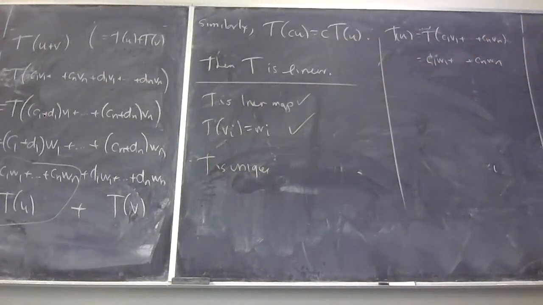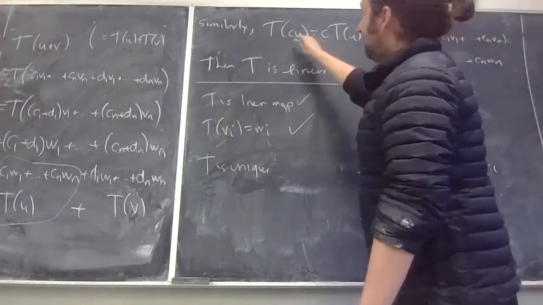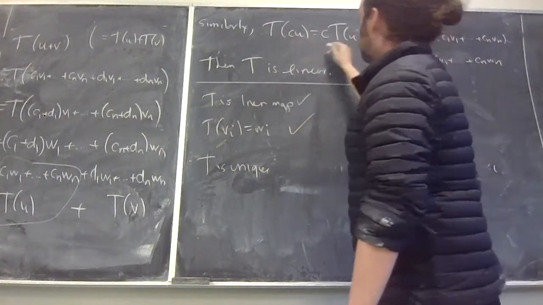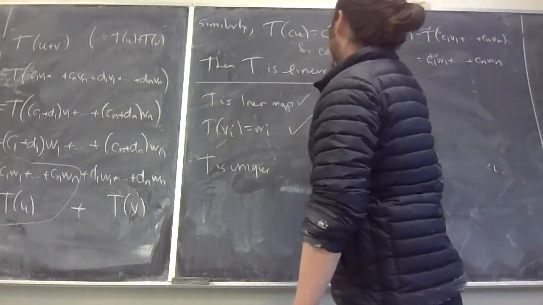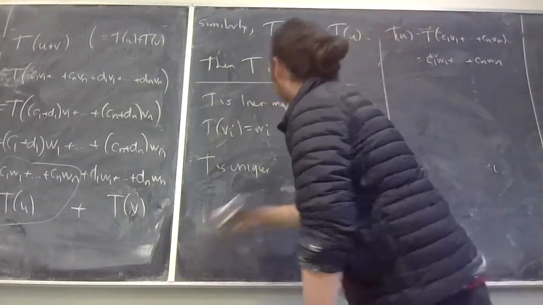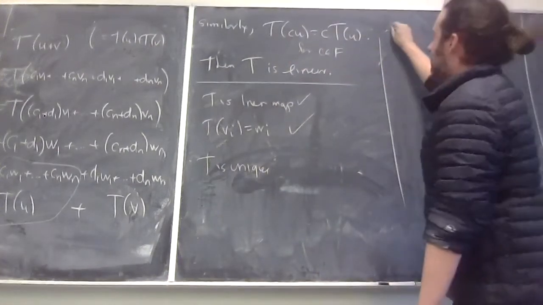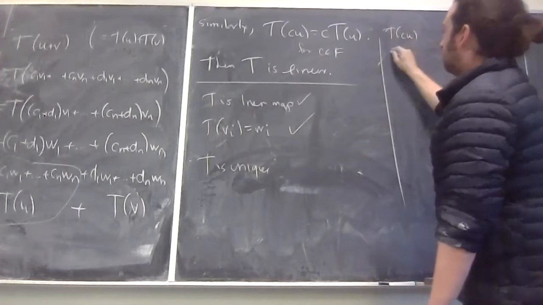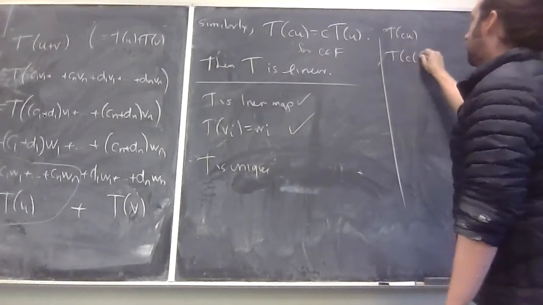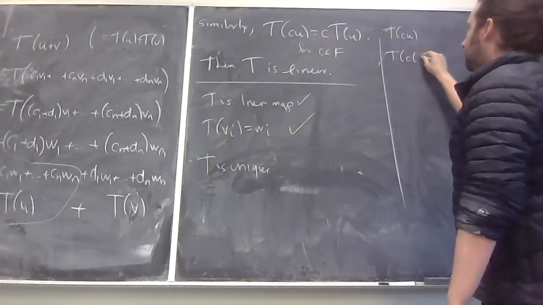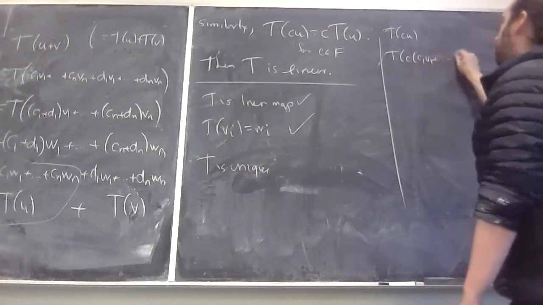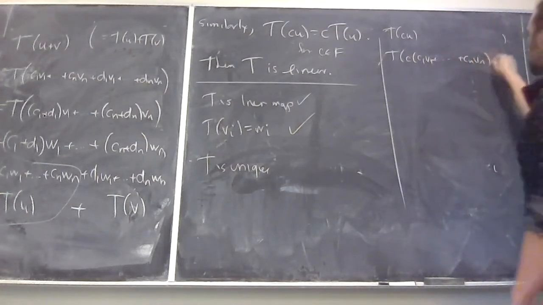And then what are you saying up here? Like, the T of CU. It's like the scalar factors out, right? For C in the field. Let me just do it real quick. So the idea here is if you took T of CU, that's the same as writing T of C times C1 V1 up to Cn Vn.